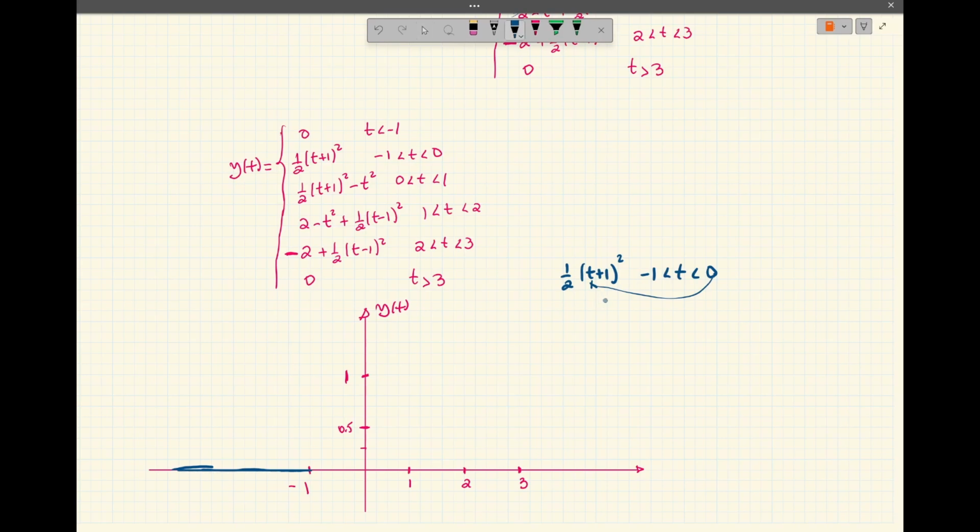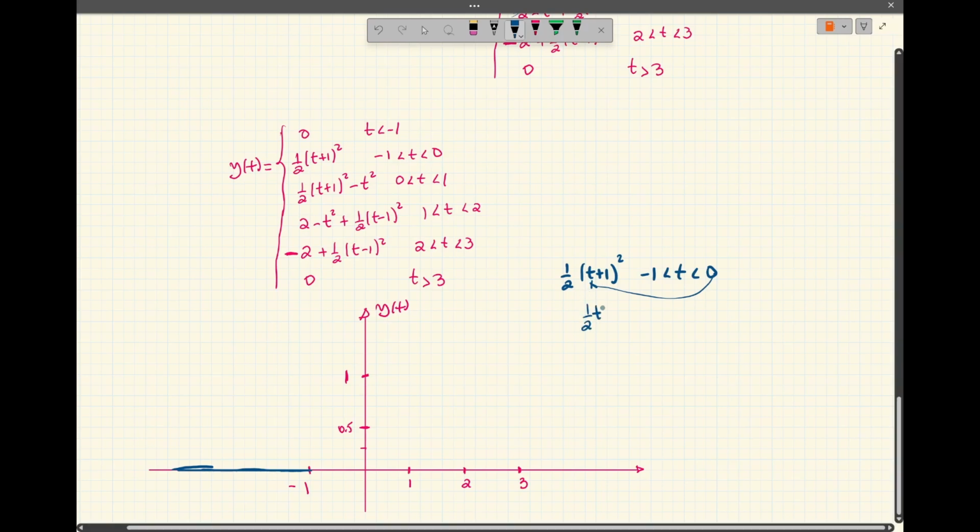Now it's a parabola, and the coefficient of t squared is positive. So it should be like that. Okay, something like this.